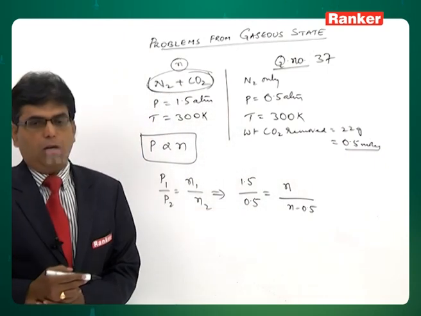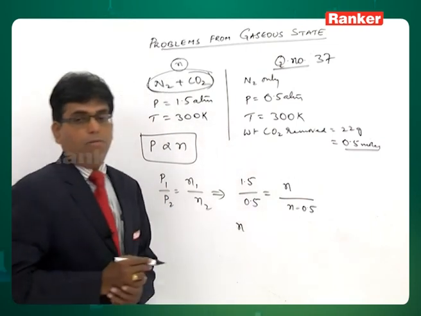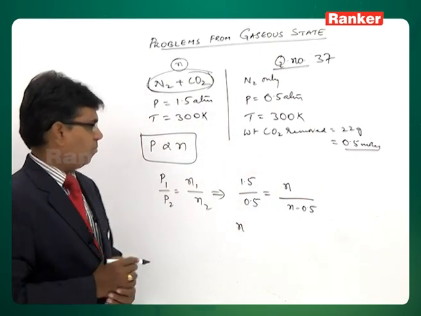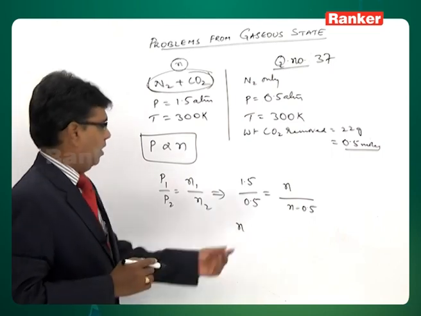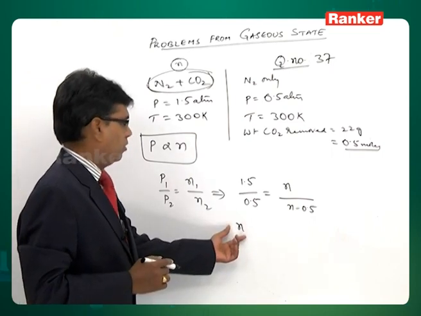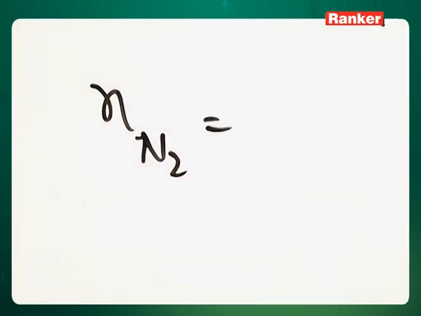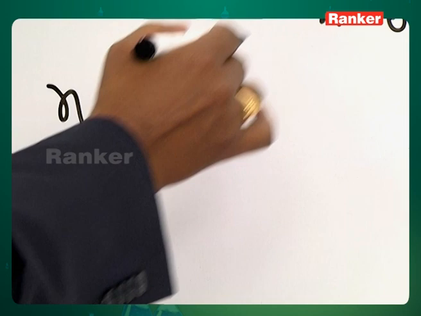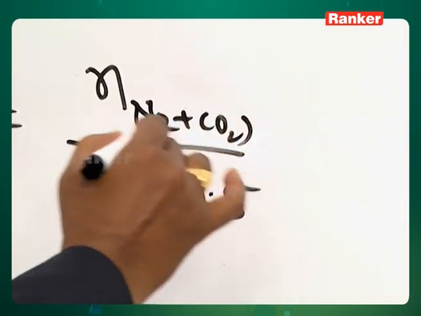Now if you solve this, the N value initial is the number of moles of nitrogen plus carbon dioxide.